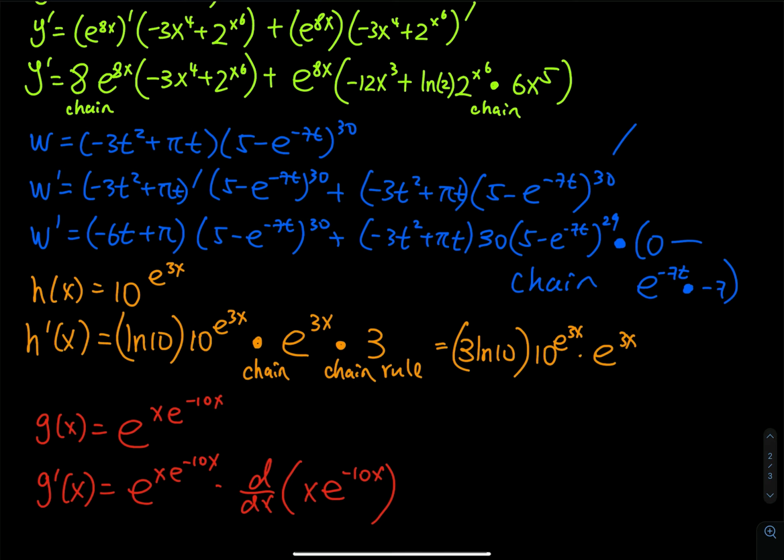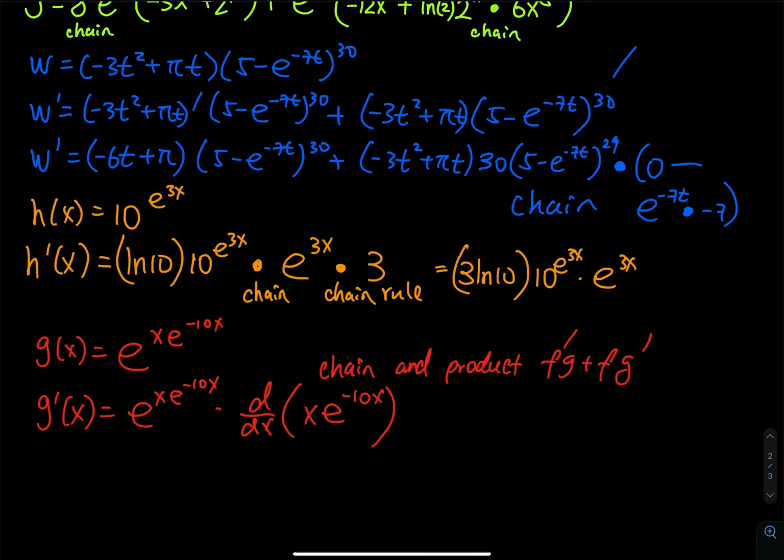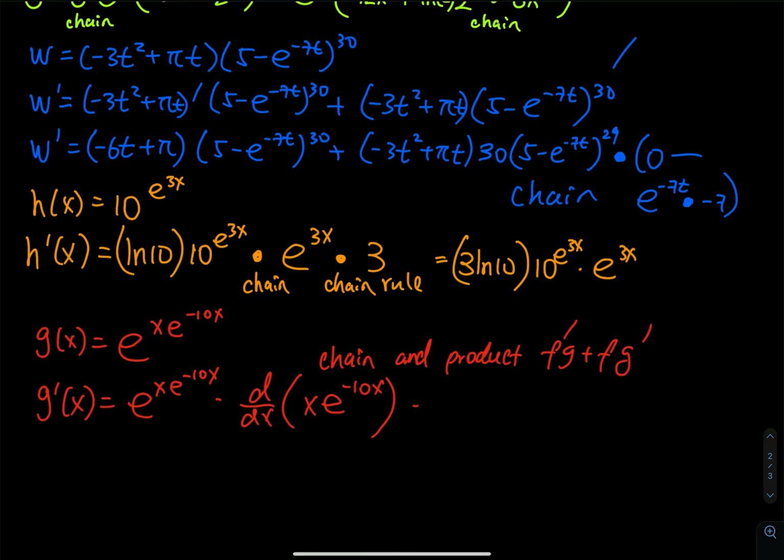So this is clearly a chain rule, right? Chain rule and product rule. What's the product rule again? The product rule is f prime g plus f g prime. The order of the derivative is f first, g next. Okay, so that is equal to e to the x e to the -10x, and then you have a big square bracket for the product rule.